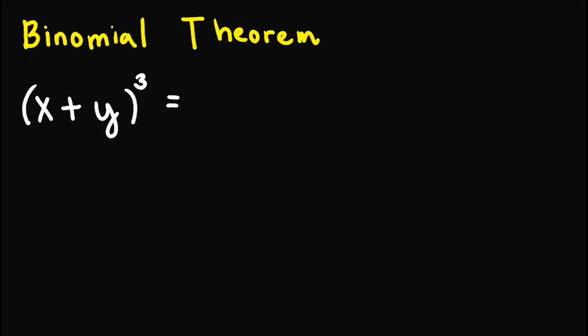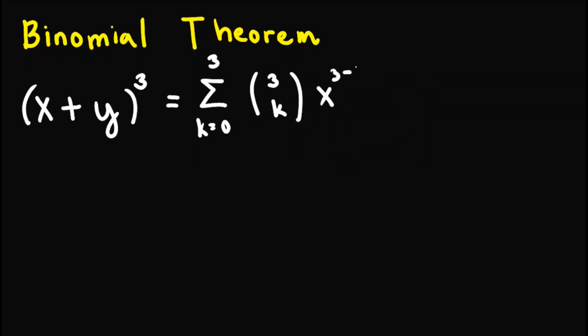So this one is equal to the summation from k equals 0 up until 3 of 3 choose k times x raised to 3 minus k times y raised to k.